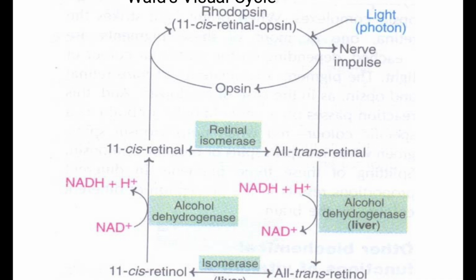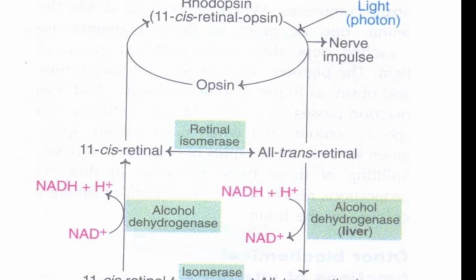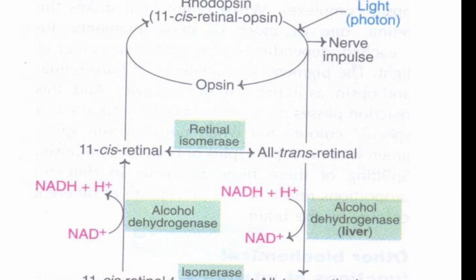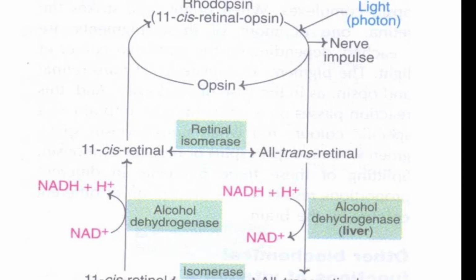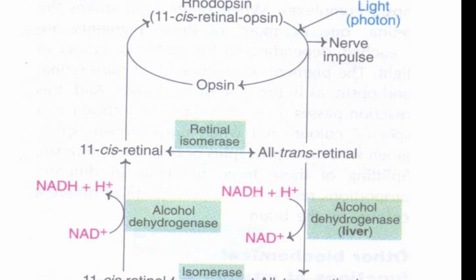How does regeneration of rhodopsin take place? By conversion of all-trans retinol to 11-cis retinol. Regeneration of rhodopsin requires isomerization of all-trans retinol to 11-cis retinol. It combines spontaneously with opsin.